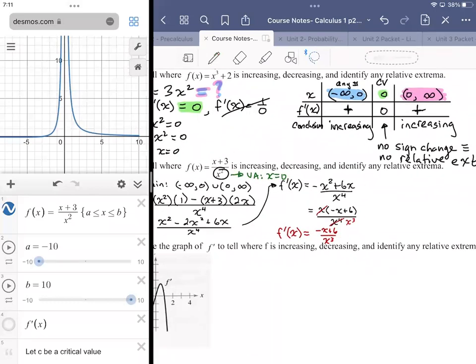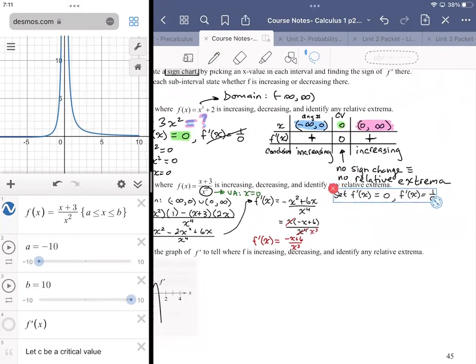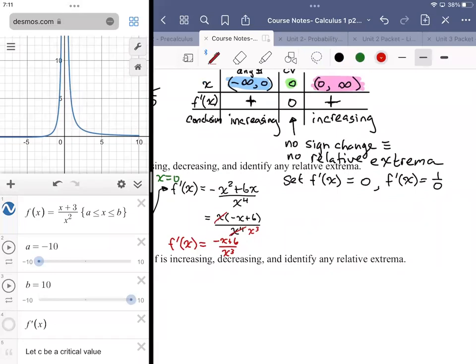So we're going to take that derivative and set it equal to 0, and set it equal to 1 over 0. And in this case, we could do both. So I'm going to have negative x plus 6 over x cubed is equal to 0. Negative x plus 6 over x cubed is equal to 1 over 0. And you go through the process of solving for both.